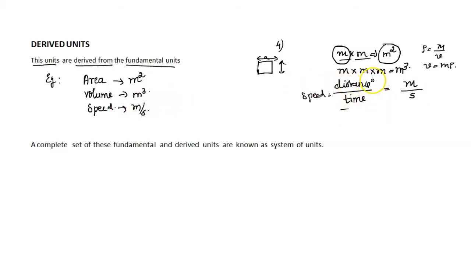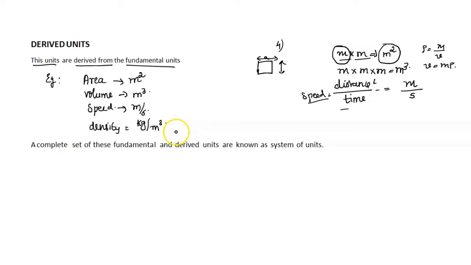Here the units for length and time are fundamental units, and the unit for speed, which is derived from the fundamental units, is meter per second. Similarly, density, mass divided by volume, that is kg per meter cube. These are some examples of derived units.